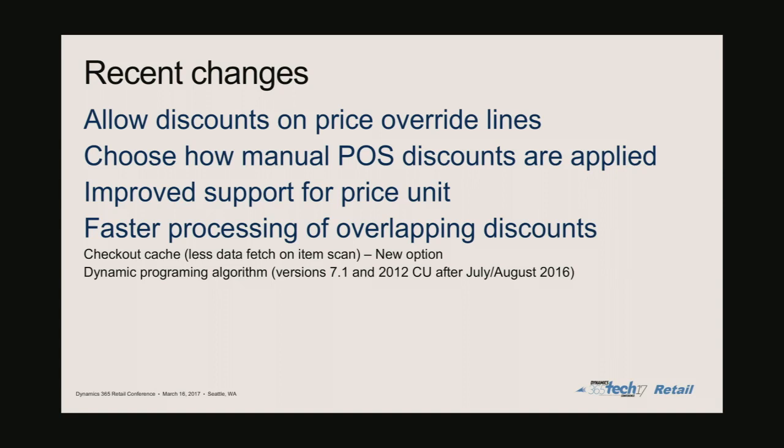What is price unit? Yep. So the question is, what is price unit? On product, there's a price, right? And right next to it, often ignored, is a field called price unit. It defaults to 1, and basically it's saying the price that you set is for selling that many. So if you set a $10 price for a price unit of 5, the real per unit price is 2.